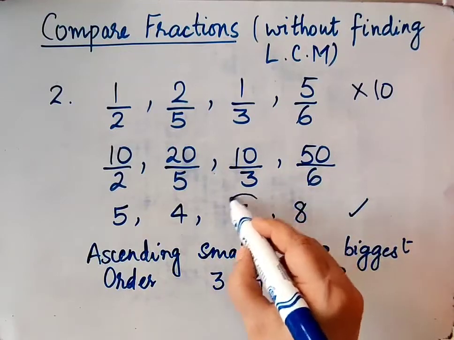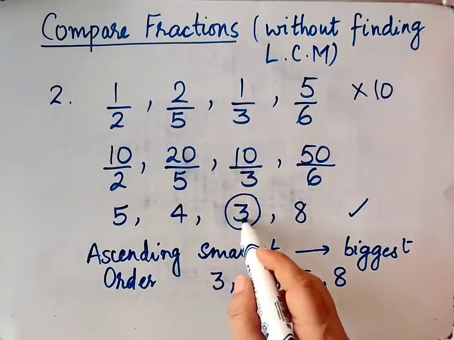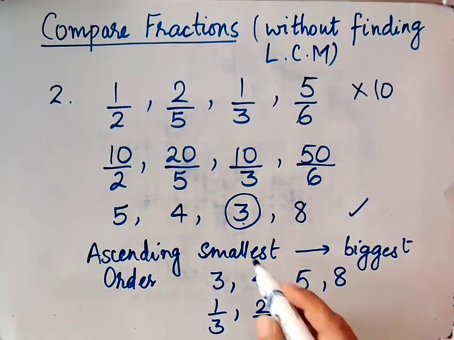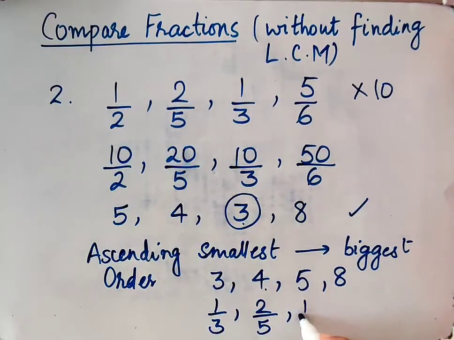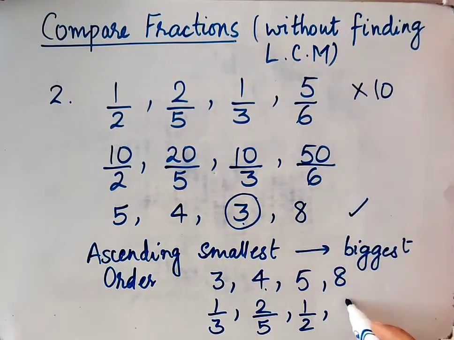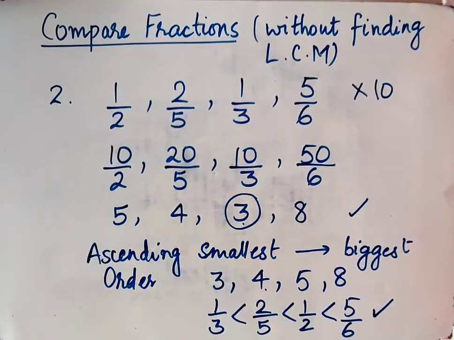Accordingly, the fraction corresponding to 3 is 1 by 3, the fraction corresponding to 4 is 2 by 5, the fraction corresponding to 5 is 1 by 2, and the fraction corresponding to 8 is 5 by 6. Thus 1 by 3 is the smallest one and 5 by 6 is the biggest fraction. Or you can show it with the greater than sign.